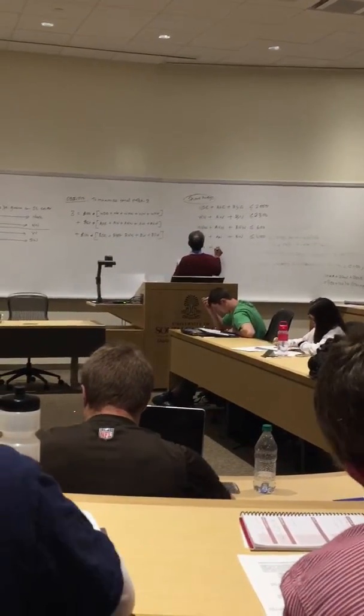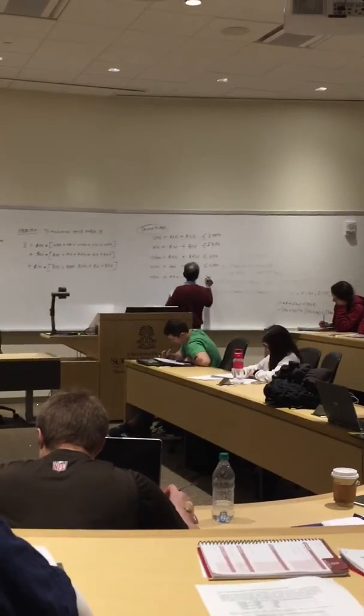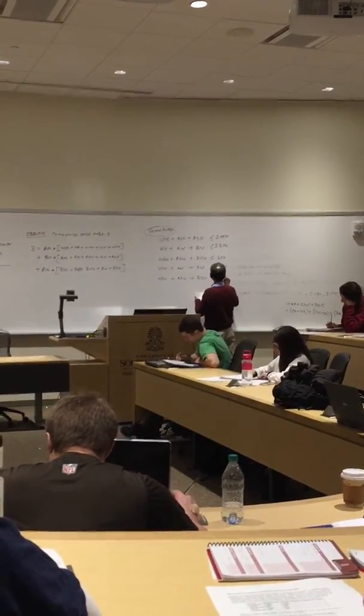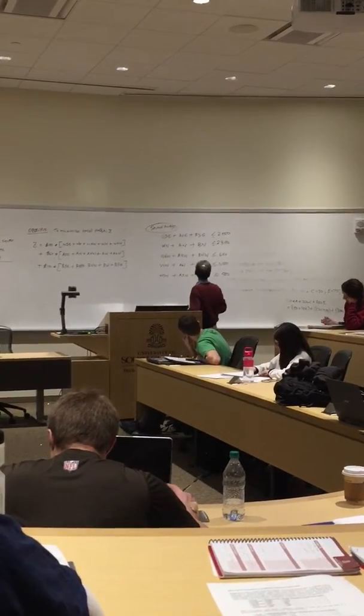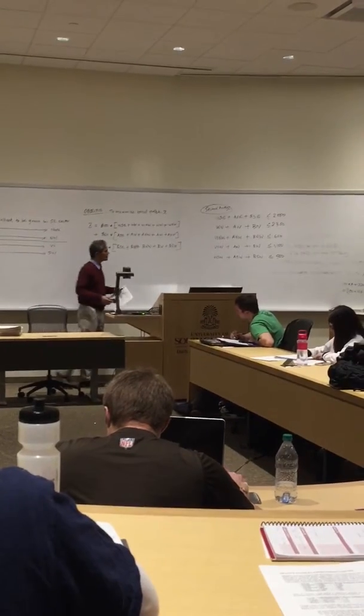WSW plus ASW plus BSW less than or equal to 500. Perfect. So that is the 5 constraints for the sizes of the sectors.